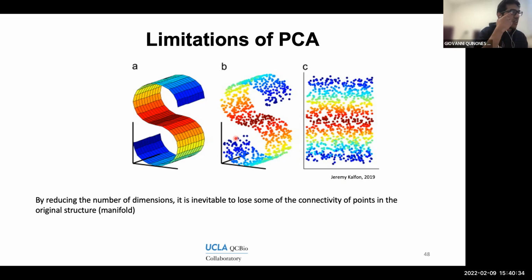But there is also another issue that is a little harder to visualize, but it has to do with the topology of your original data space.